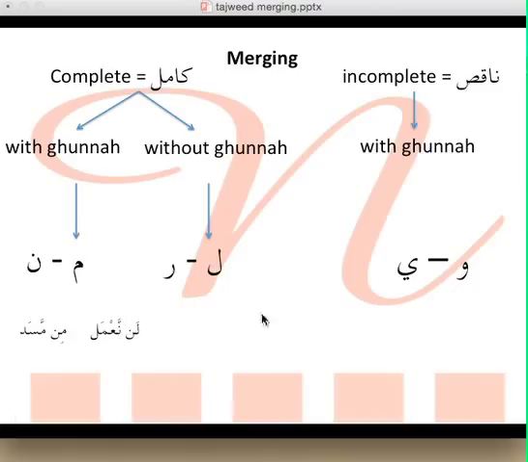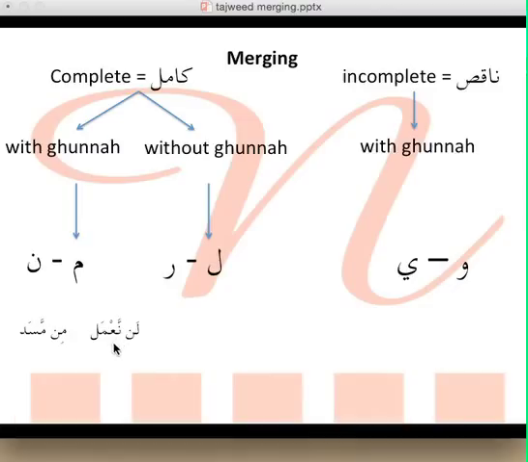So this noon is part of yarmalun. From which group? From kamil with ghunna. Why? Because the first noon has to go completely and the ghunna goes with it. But we still have to read the noon.